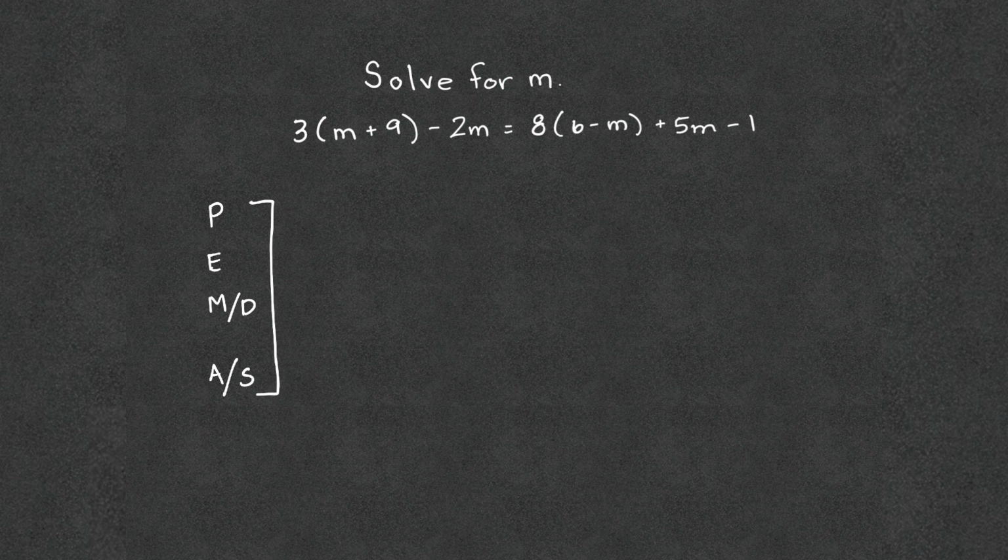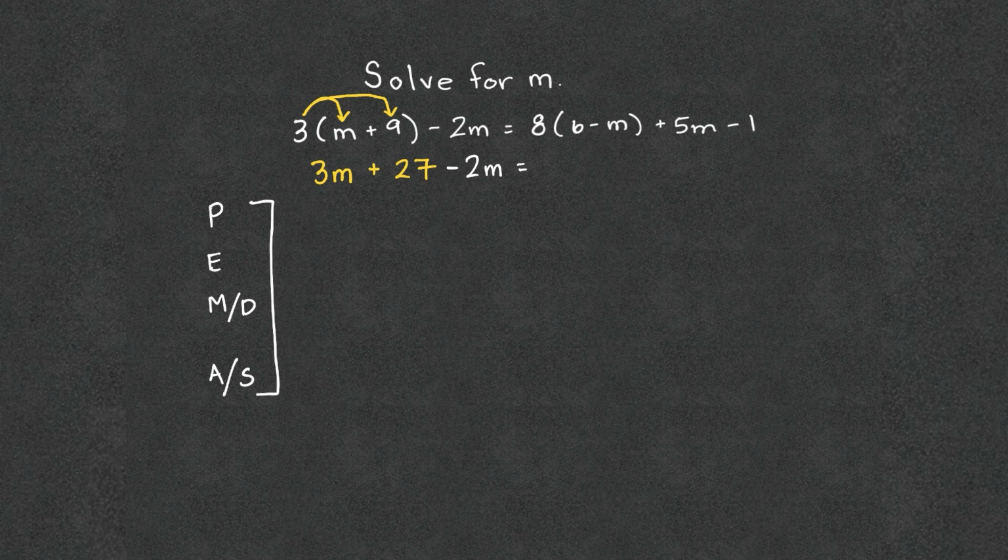First I see parentheses, and I see distribution. What this tells me is that this 3 is being multiplied by the m and by a positive 9 on the inside. So this parenthesis really turns into 3m, so 3 times m is 3m, plus 3 times 9 is 27. I continue along, minus 2m equals, and I notice the same thing on the other side.